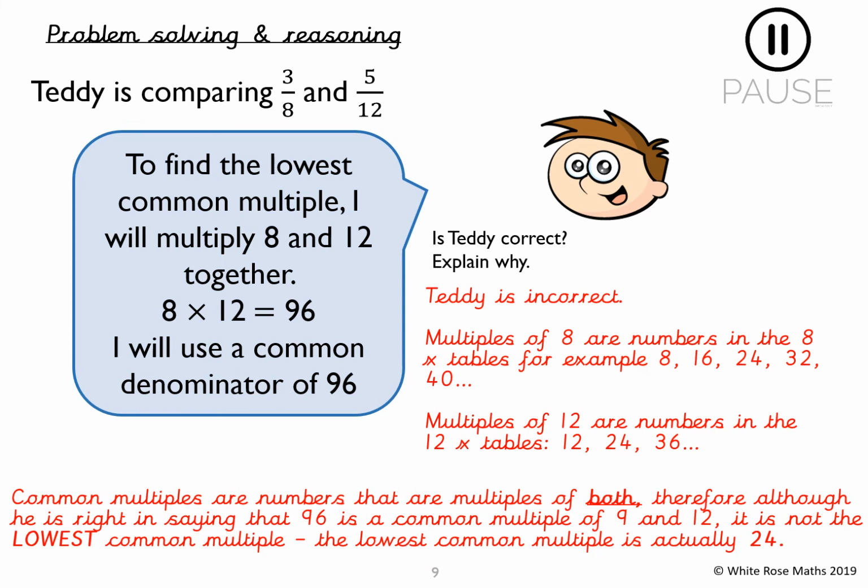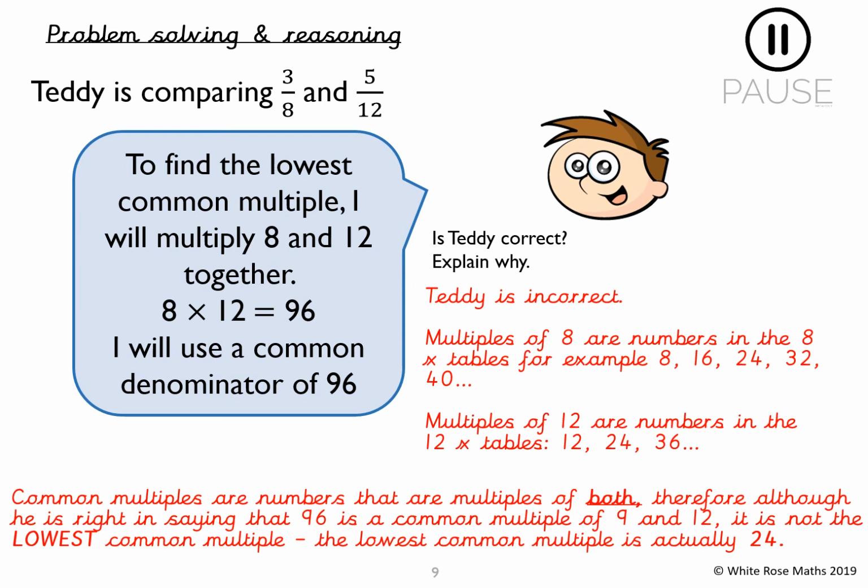The common multiples are the ones that are in both sets of times tables. So although he's right in saying 96 is a common multiple of 8 and 12, it is not the lowest. If you look at those there, the multiples of 8 are 8, 16, 24, 32, 40 and so on. And the multiples of 12 are 12, 24, 36 and so on. Straight away you can see that the number 24 appears in both of those times tables quite early on.